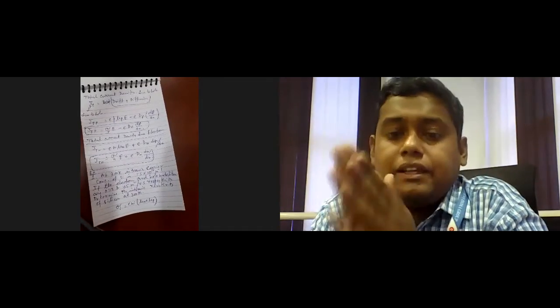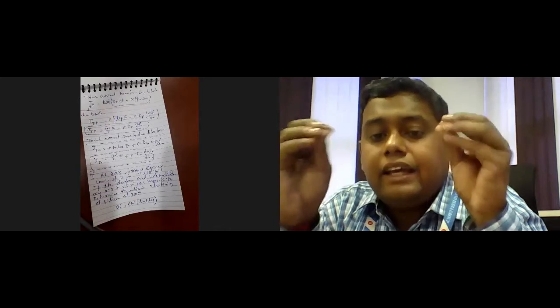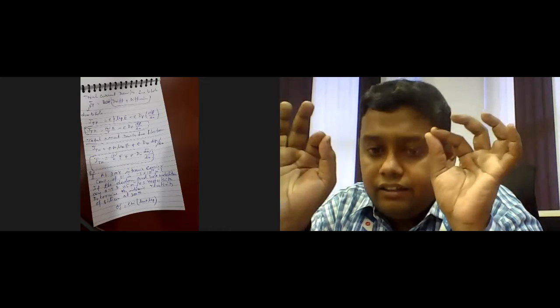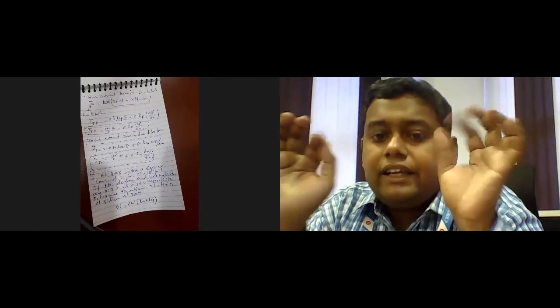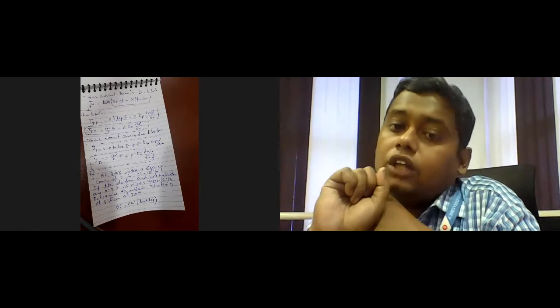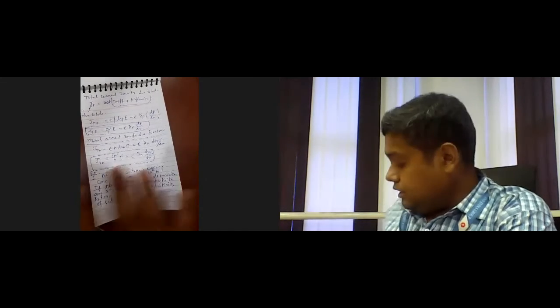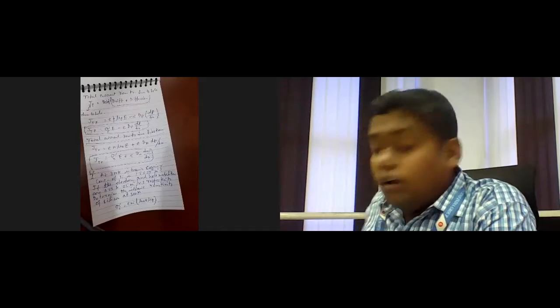So in this question there is no change of unit, but in the examination they may change the unit. If you do not fix a particular scale, the answer may be wrong. So you should know all the units are in the same scale, either CGS or SI. Here all the units are in the same scale.